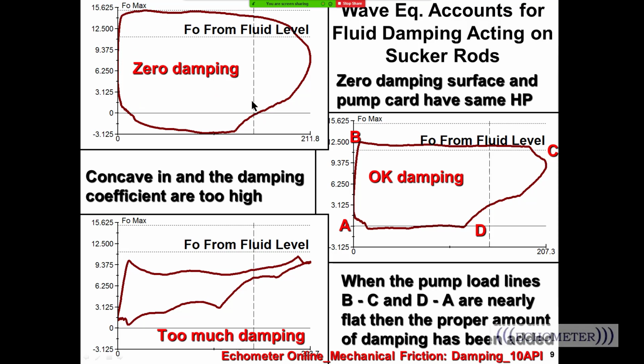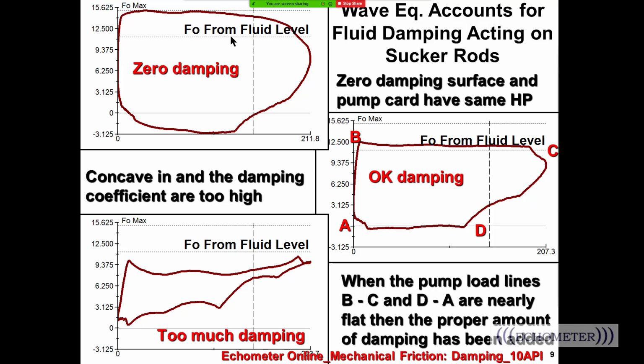But if the pump intake pressure is high because of the fluid level, then you have to lift less load because the well is helping lift a portion of the rod. So the difference between this point and that point is the lift provided by the intake pressure from the fluid level. That's why this line at 0 pump intake pressure is higher than this line at the pump intake pressure from the fluid level shot.